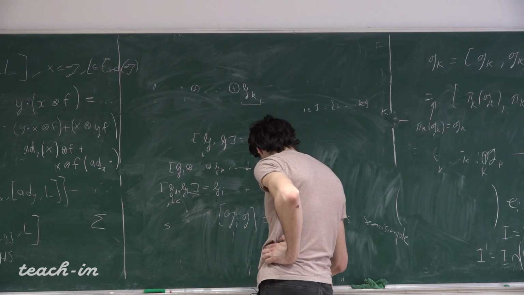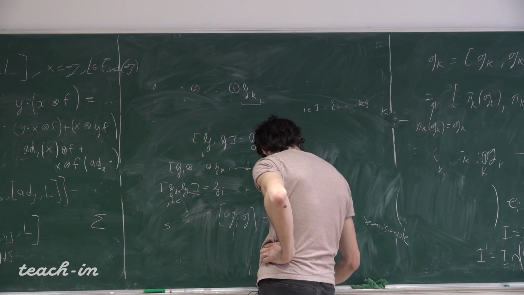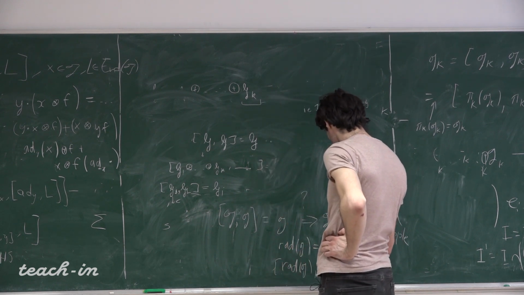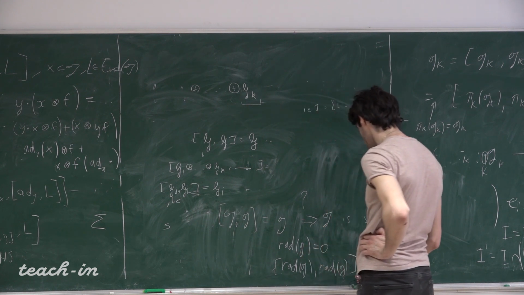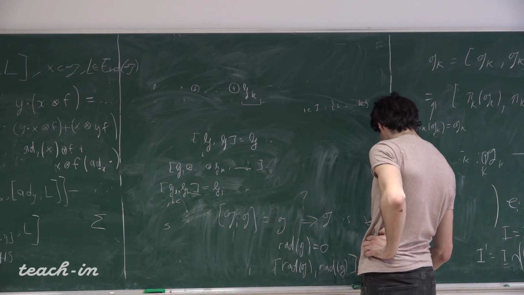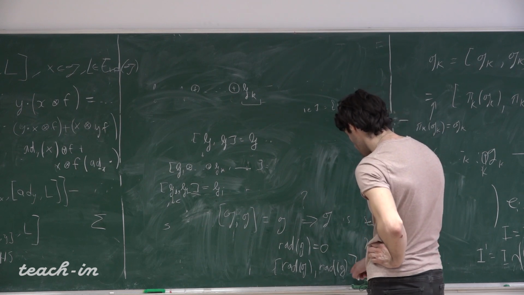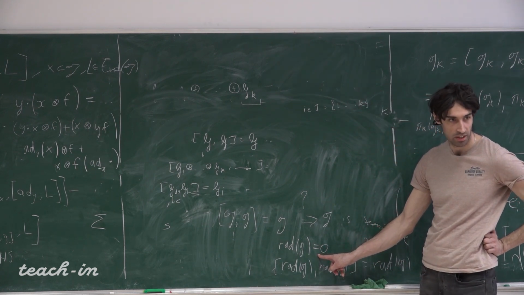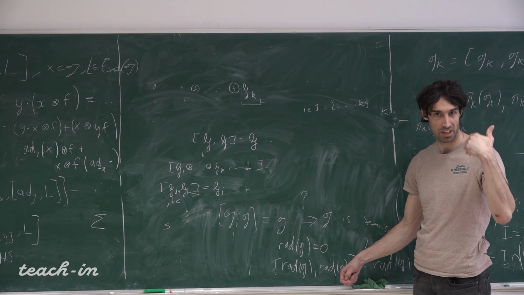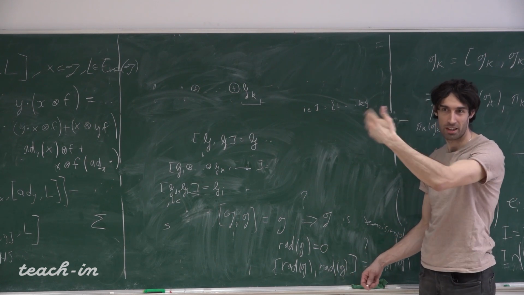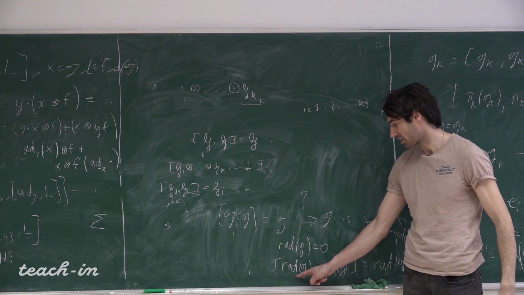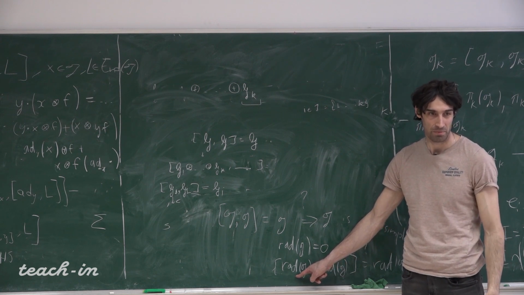From here to here, it's clear, because this is solvable, and D1 of solvable is again the Lie algebra. So if I keep taking D's, it will never go to 0, except if the radical of G is 0 at the very beginning.